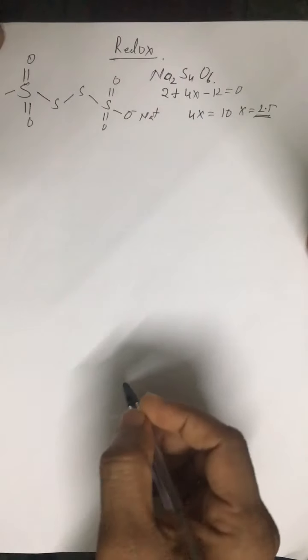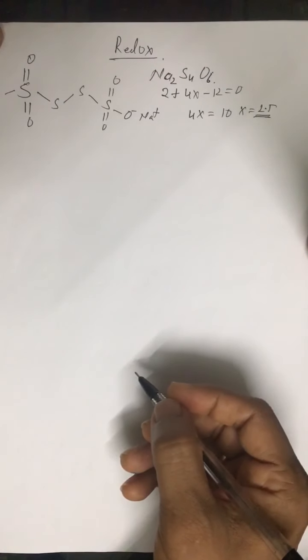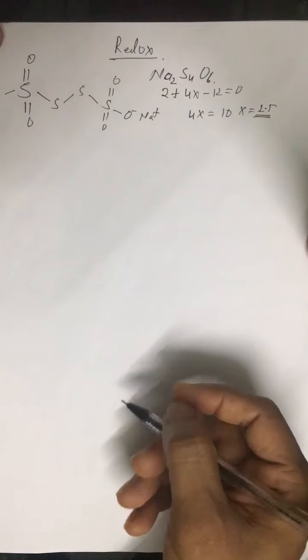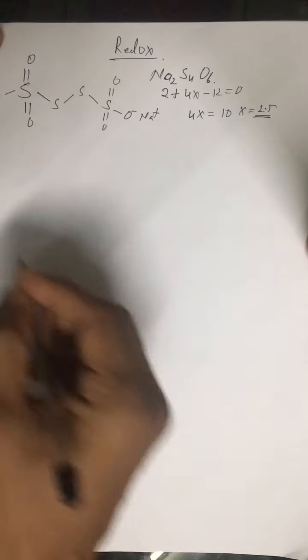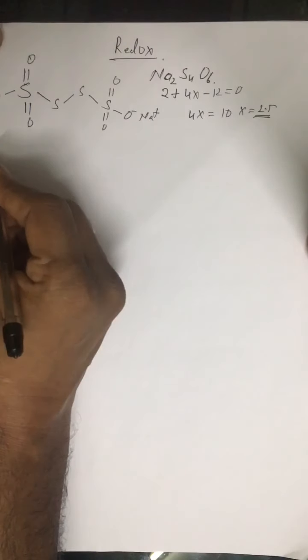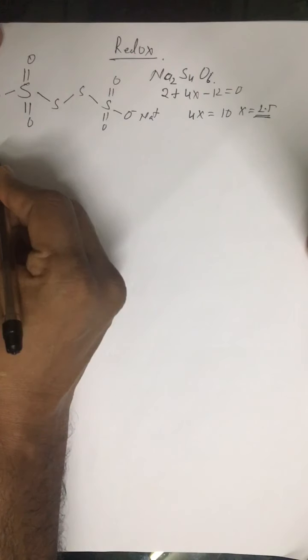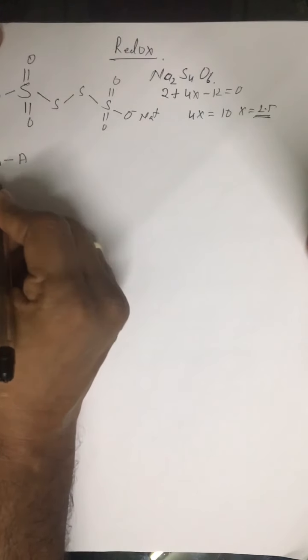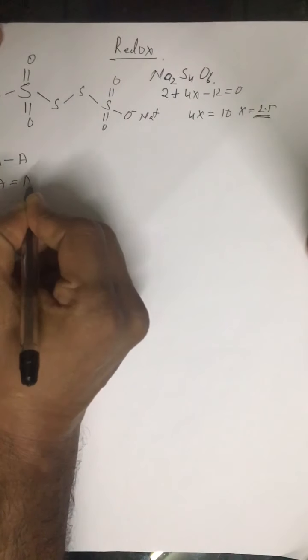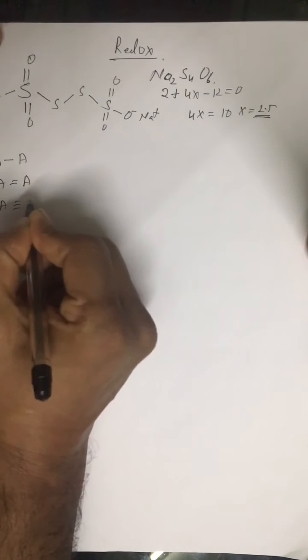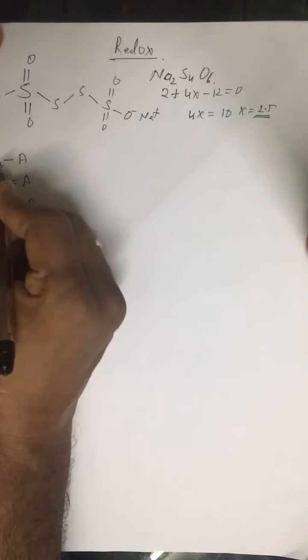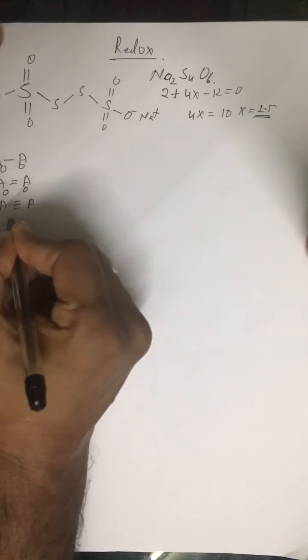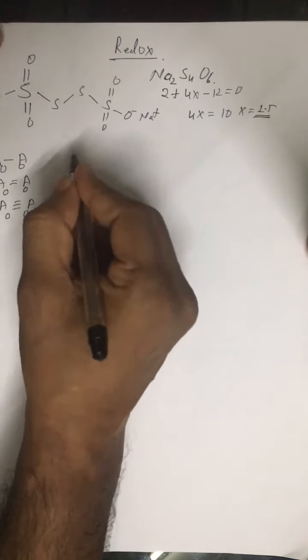Now, what is the basis? The basis is: if two similar atoms are bonded, like A and A, with a single bond, double bond, or triple bond, they are awarded zero oxidation state for these bonds.